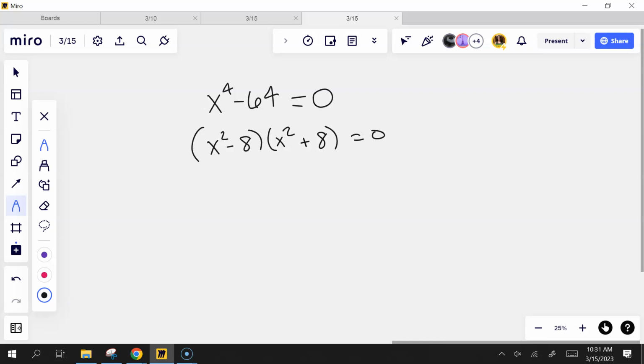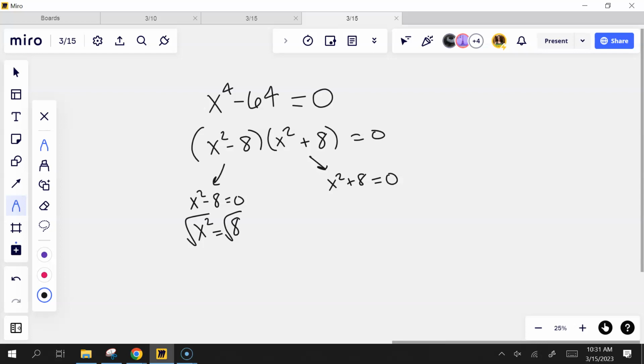No. So now I take them both to 0. So I've got x squared minus 8 equals 0, and x squared plus 8 equals 0. Now solve each one individually. And y'all are going to be real excited to see all these old properties come back. Now, add 8 to both sides. Square root. What's the square root of 8?